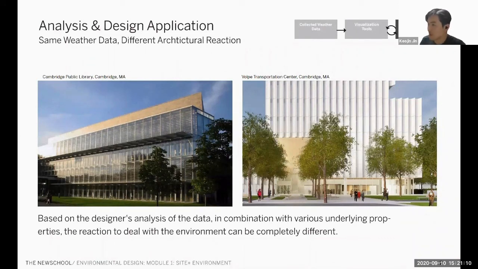So the designer is providing exterior vents in order to achieve that purpose. Both designs are based on the same climate, but they ended up being completely different design solutions. It takes your own analysis of the climate to form your design hypothesis, which will lead to different design solutions.